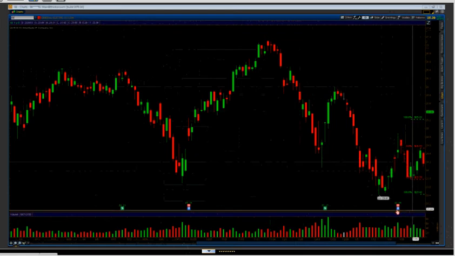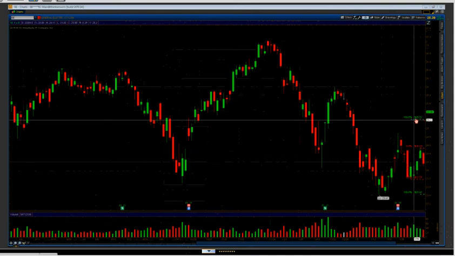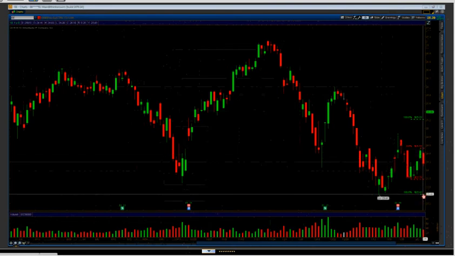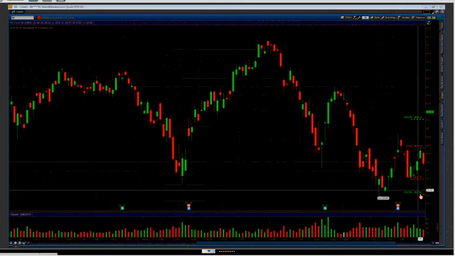And if I feared too badly on my $25 calls, I could say, you know what, I might go down to 23.42 and I could take 23.50 puts. Where would I stop out of the 23.50 puts if I took them here?